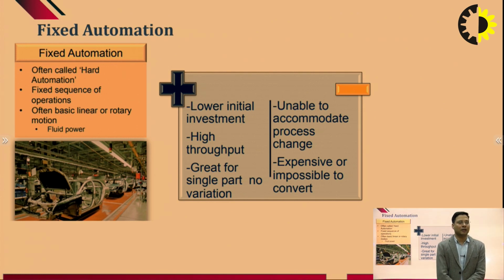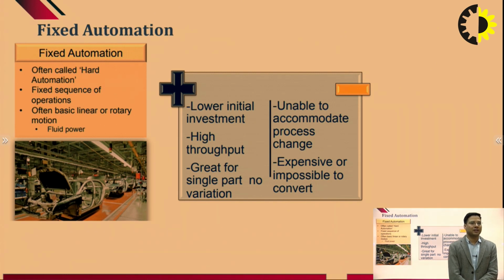Now, when the fixed automation was developed, it was related to the implementation of hardware. When we deal with hardware-related things, we call it hard automation, since our automation is more dependent upon the machines, the hard machines.